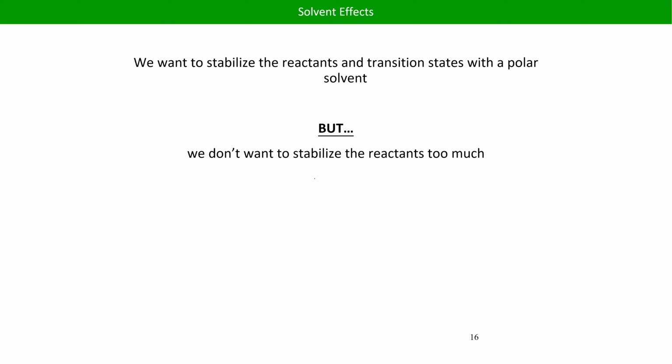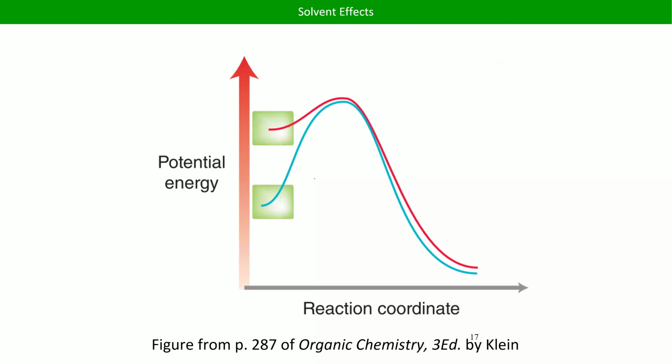So here's the net result of that. We want to stabilize our reactants and our transition states by using a polar solvent, but we don't want to stabilize them too much, or else they're going to stay stable the way they are, or we have other side reactions happening. So that's why we start using polar aprotic solvents. And so if we use a polar solvent, so this is for an SN2 reaction now, because it's concerted, it's one step.